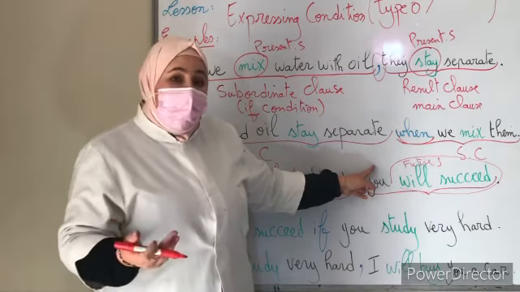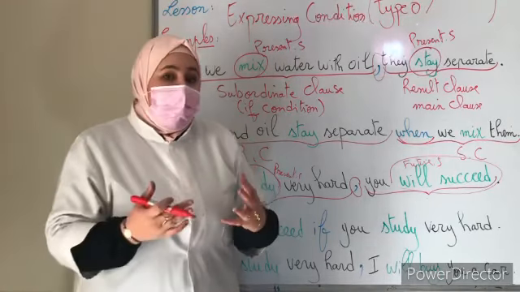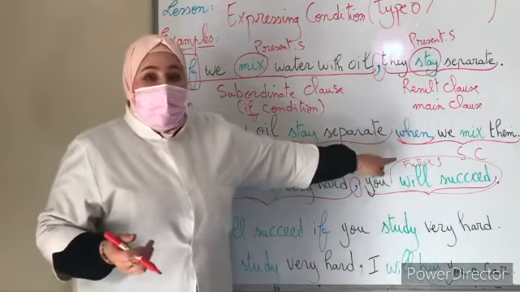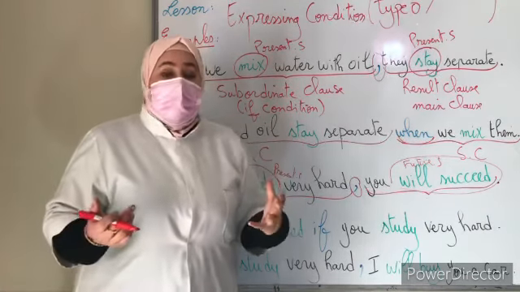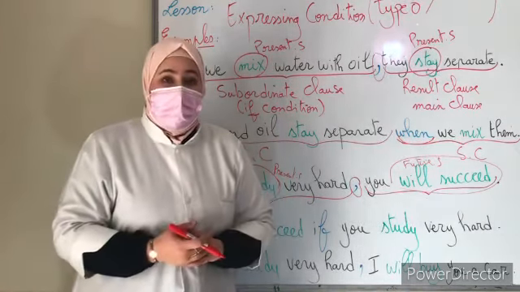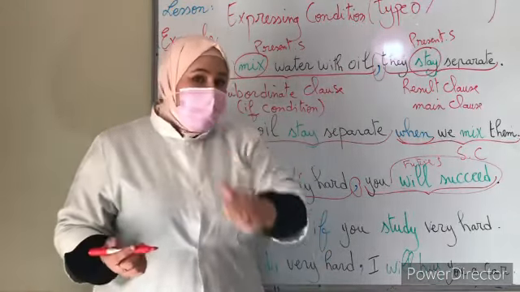If you study very hard, you can succeed, or you may fail. That's why we use the future simple when we speak about possibilities that are likely to happen in the future. And this is not type 0, but it is type 1.